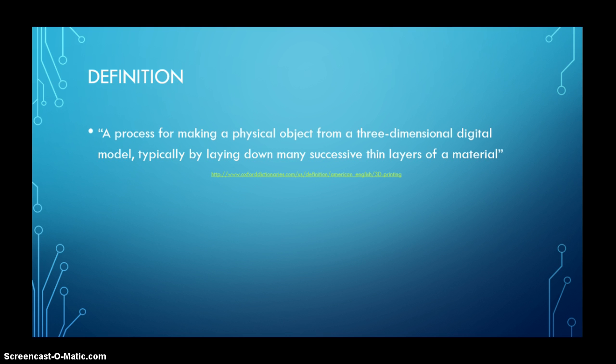It's actually just a matter of layering, in most cases, plastic continuously from a digital blueprint to create some physical object, as the definition says. Later on in this presentation, there will be a short little clip that demonstrates 3D printing in action.